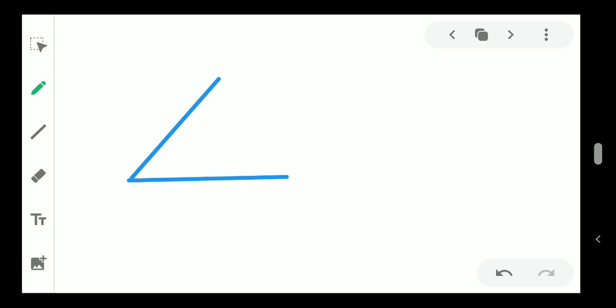So let's say you have to write the name of this angle. Let's say first I have to give some alphabet like A, B, C. Then I have to write this B. B means the intersecting point. Whatever will be your intersecting point, that means the position of your angle, that you have to write in the middle.